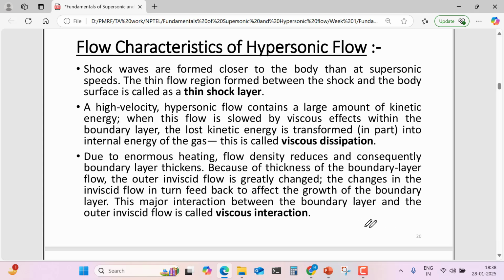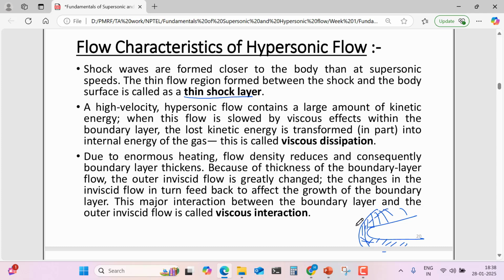The flow between, let's say this is some body, the flow between body and shock, this region is called the shock layer. For hypersonic flow, as this shock layer is nearer to the body, it is very thin, so it is called a thin shock layer. This is one characteristic of the hypersonic flow.